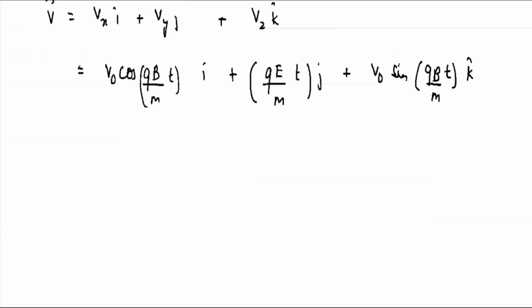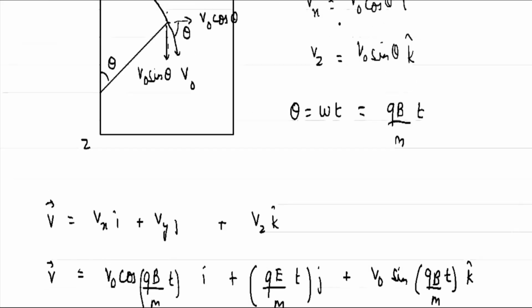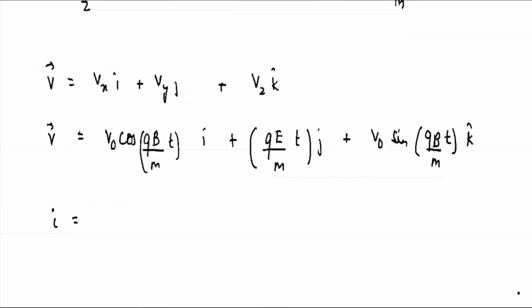Now, we don't need to find this in terms of i, j, k; we need to find it in terms of the given parameters, v naught, B, and so on. So how can we write our i vector? We know that the x velocity is in the x direction, so we can divide the velocity in the x direction by the magnitude of the velocity.